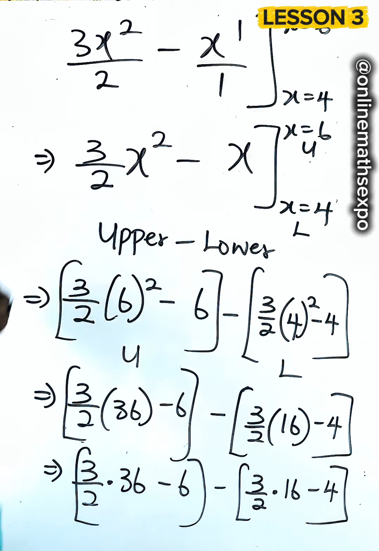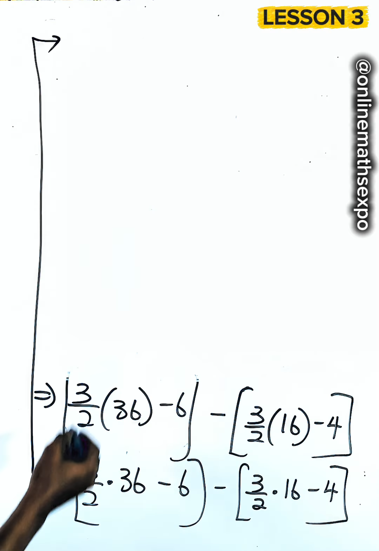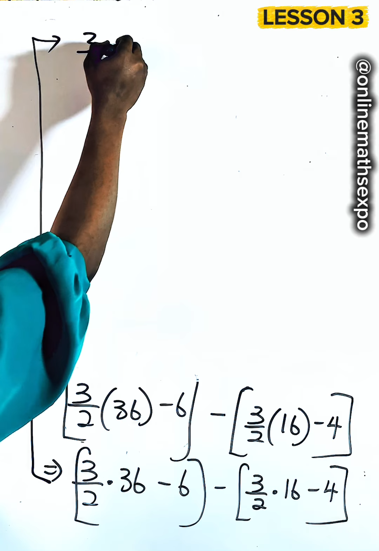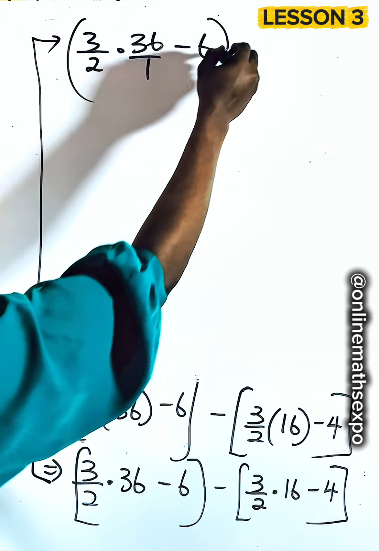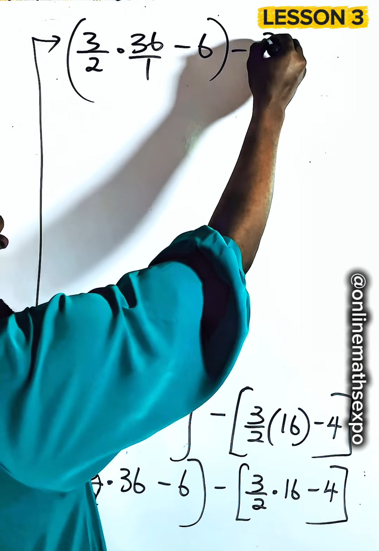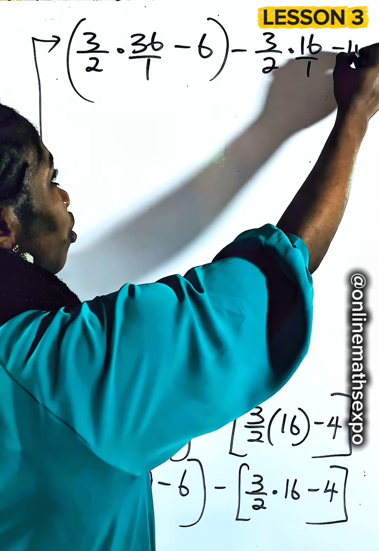So let's take it up to finalize. From here, we now have 3 on 2 multiplied by 36 over 1 minus 6, minus 3 on 2 times 16 over 1 minus 4.